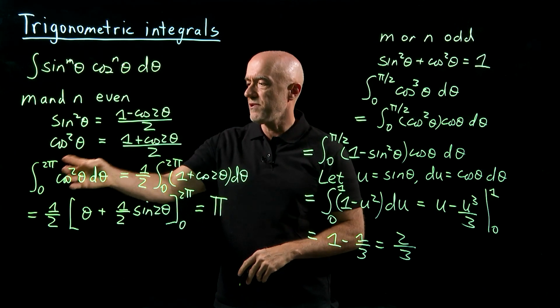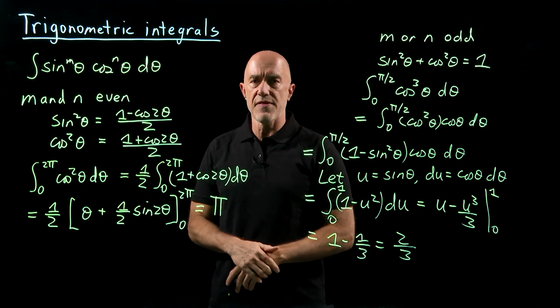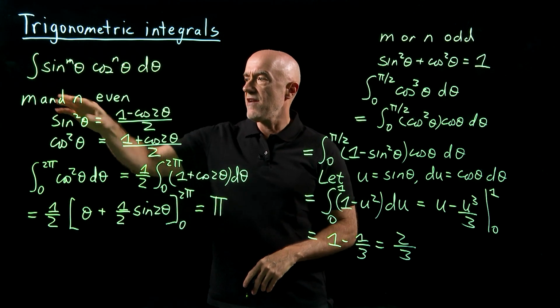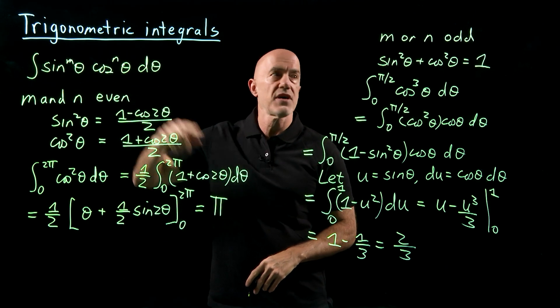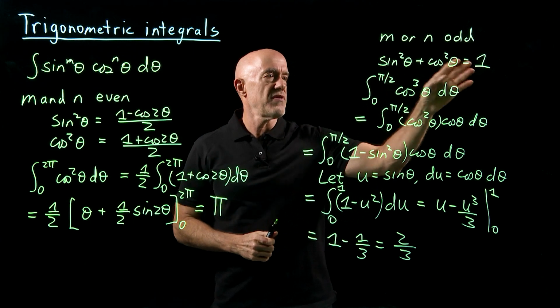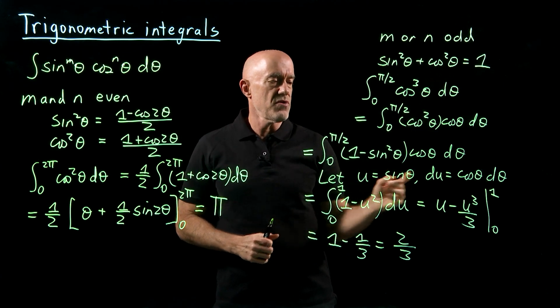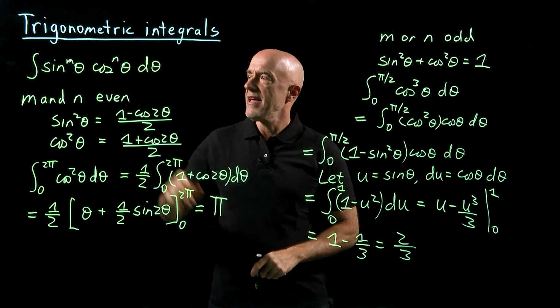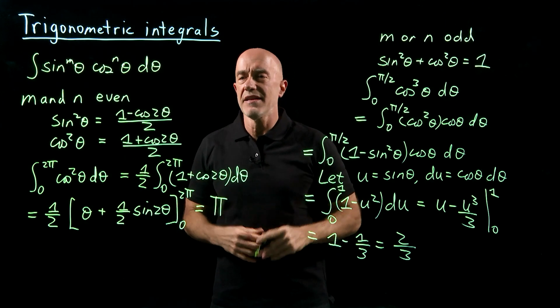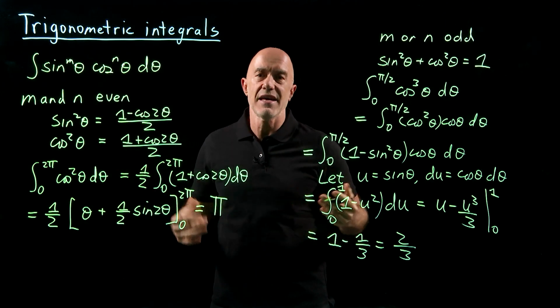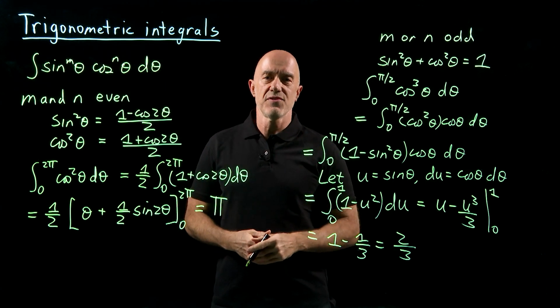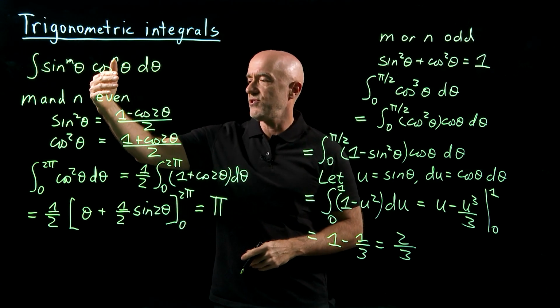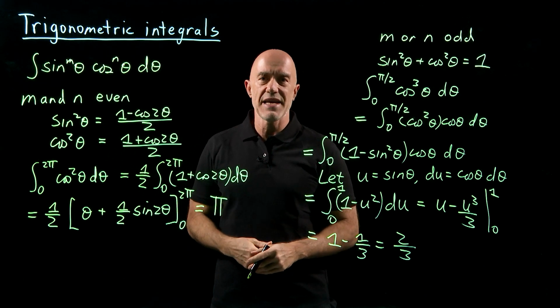Here I do a simple case of integrating cosine squared theta d theta. If one of these integers is odd, then you can make use of the Pythagorean theorem, which then permits you to do a substitution. If this gets very, very complicated with large values of m and n, you would use software to integrate it. So basically, you should know how to do the very simple cases.